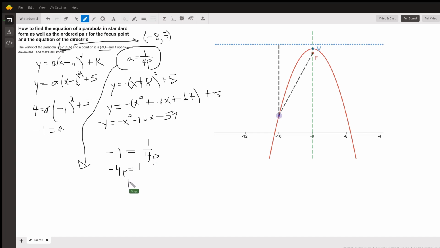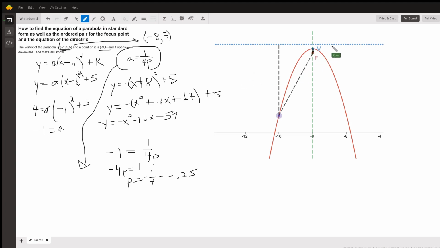So p equals -1/4, or if you want, -0.25. So that's the directed distance from the vertex to the focus. This little gap right here is 0.25 in the negative direction.